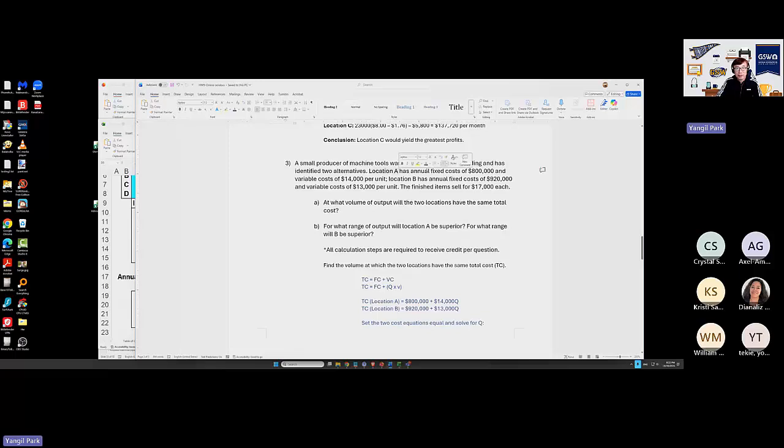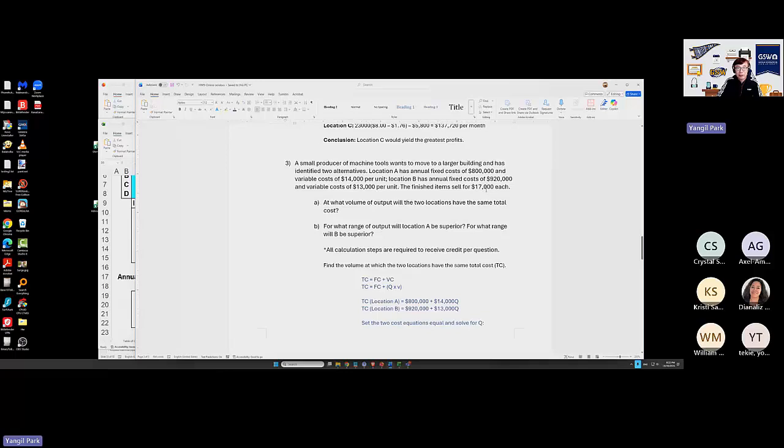Location A has an annual fixed cost of 800,000 and variable cost of 14,000 per unit. B location has almost 1 million in terms of annual fixed cost, and variable cost is 13,000 per unit. And the price for each unit is $17,000.